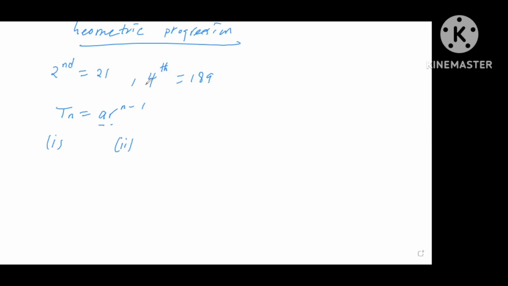Now we are going to replace this, because this is the fourth term, and this formula is for the nth term. From the second equation, n is equal to 4, right? We have been given that the fourth term is equal to 189. So this 189 is the same as T4 or Tn.